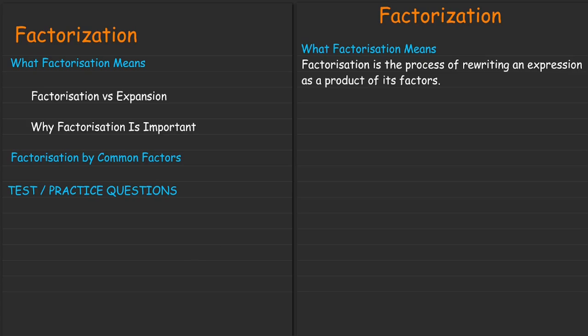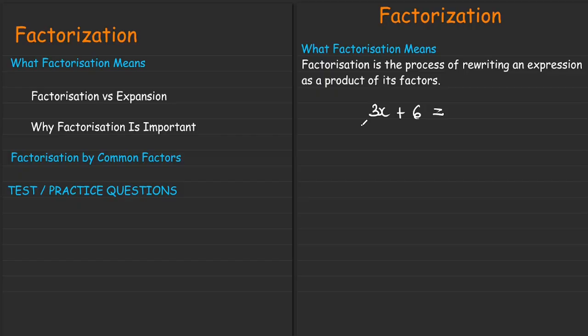So let's start off with what factorization means. Factorization is the process of rewriting an expression as a product of its factors. If you have any expression at all, let's take an example as 3x plus 6. If we want to factorize this, then we want to rewrite it as a product.